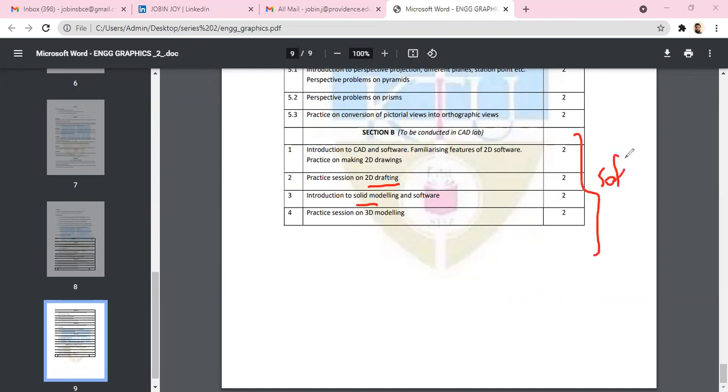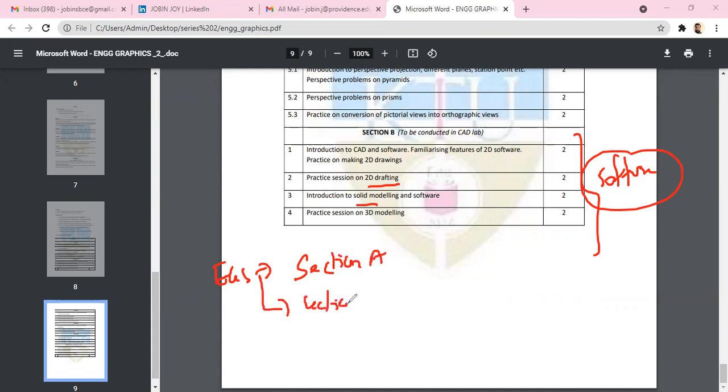The rest, section A, is actually manual. In EGS, section A is manual and section B is CAD. So that's all. Thank you.